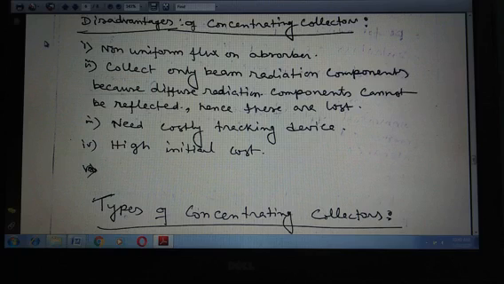And due to the tracking mechanism, the initial cost of this type of collector is very high compared to flat plate collectors.